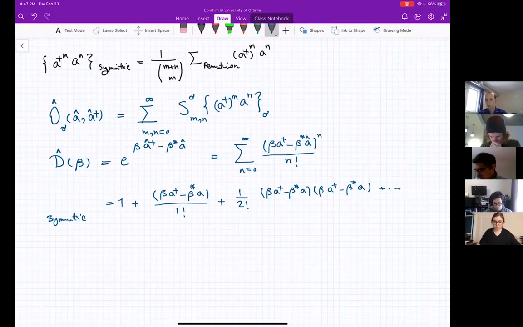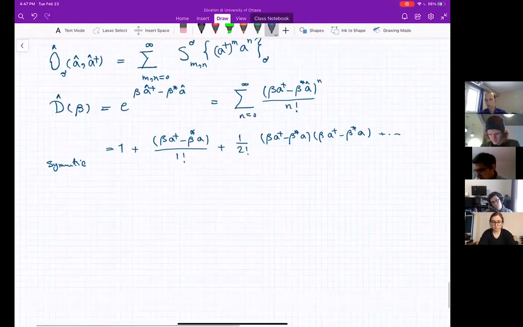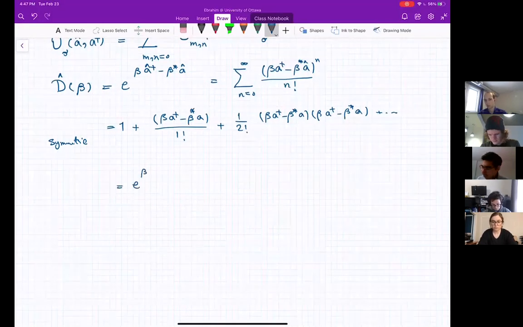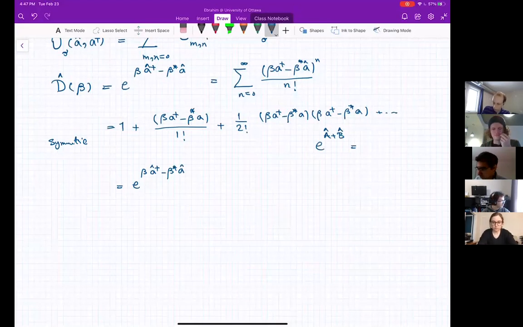The second one, which you mentioned, Eric, is expanding e^(β a† − β* a). Going from e^(a+b), which I think was one of your assignments, to the other space, it was e^(1/2), I think with a negative sign, of [a, b].